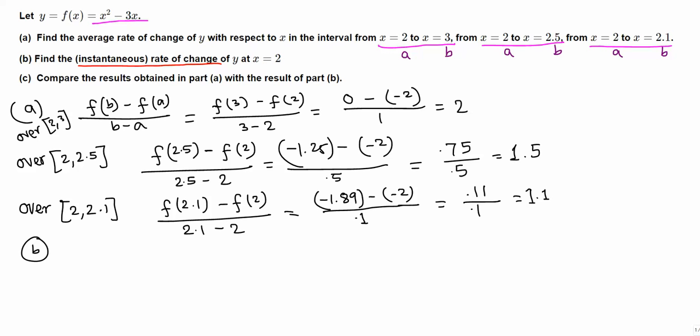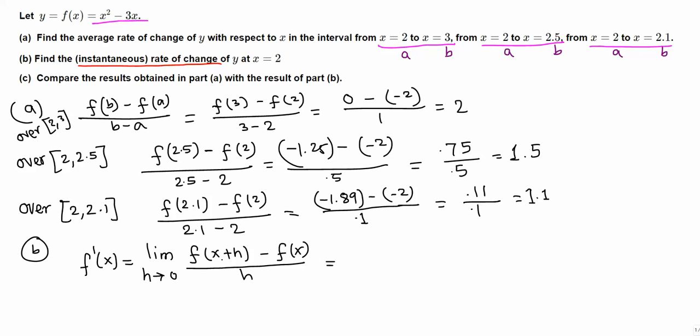We know that the instantaneous rate of change is given by f prime of x, by definition, the limit of f(x plus h) minus f(x) over h as h goes to 0.